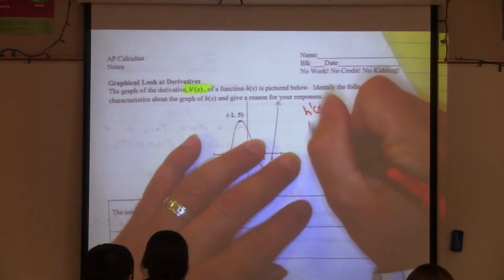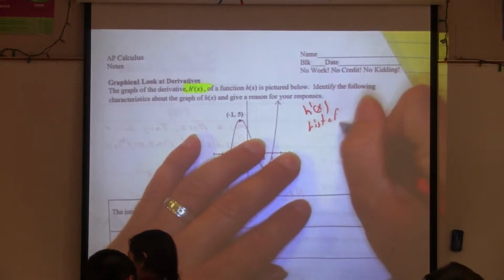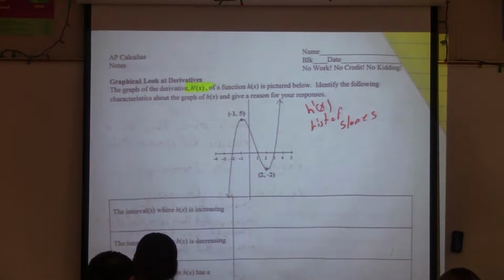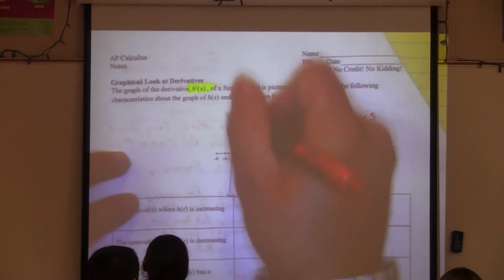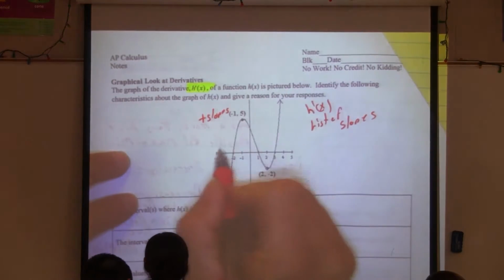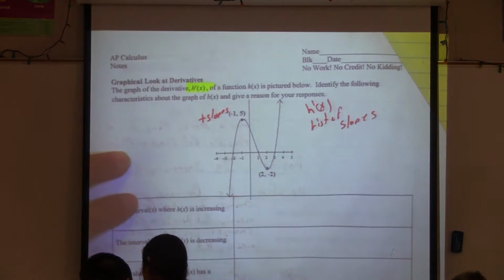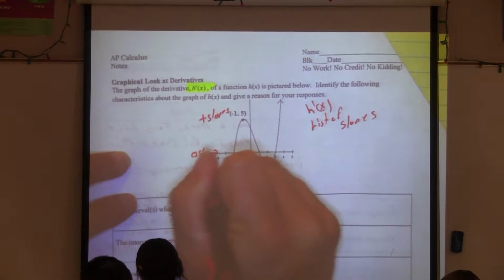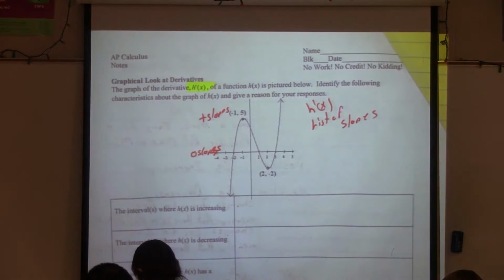And we said that this was a list of slopes. Okay? So what do we have up here on the top? What kind of slopes? These are positive slopes because they're above the x-axis. If they're on the x-axis, they're zero slopes.